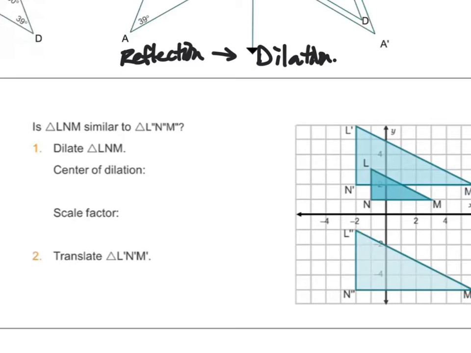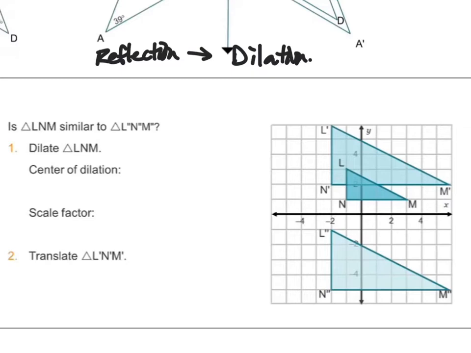Now, what we notice here is that the dilation of LNM, okay, the center of the dilation is actually the origin, and this is done by a scale factor of, I believe, 2. Okay, and the way I can tell is if I take N, connect it to the origin, and then N prime, that has a scale factor of 2.